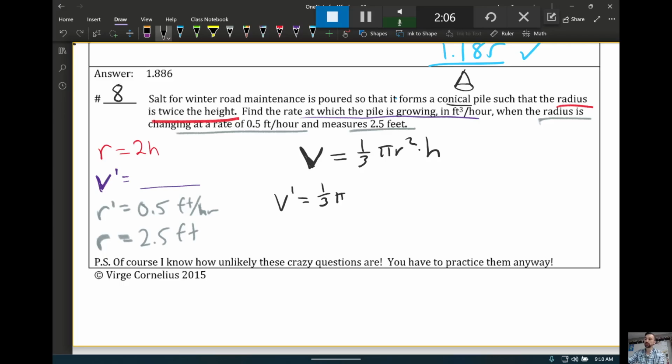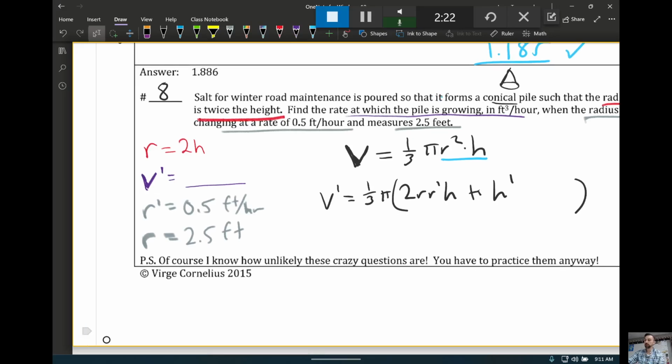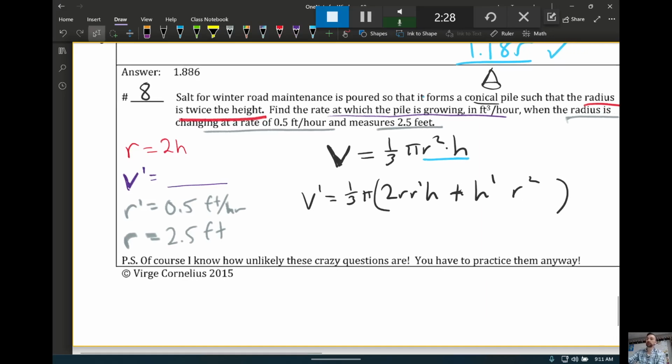V becomes V prime. For this stuff, you can do product rule. You can take the derivative of r squared with h left alone, and then the derivative of h with r squared left alone. Just make sure that when you take the derivative of r, you create an r prime.